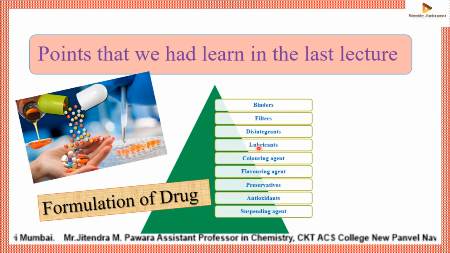Then the next one is lubricants. The role of lubricants is to enhance the flow of powder to the tablet machine, and to prevent the sticking of the tablet to the die of the tablet machine after the tablet is compressed. Examples of lubricants are hydrophobic substances of stearic acid, like calcium and magnesium stearate.